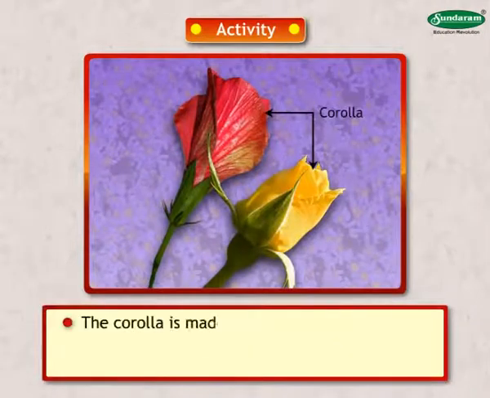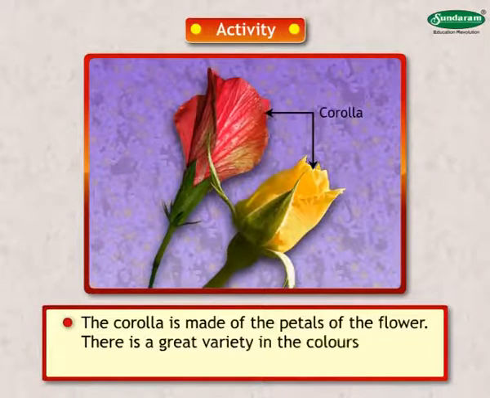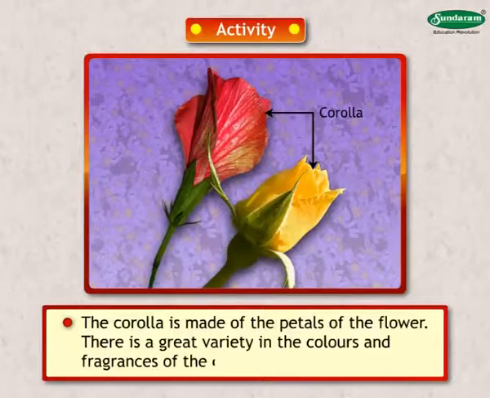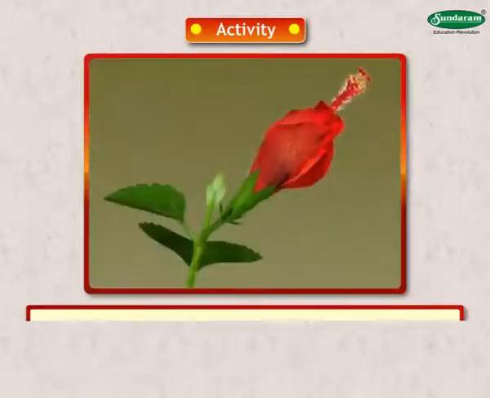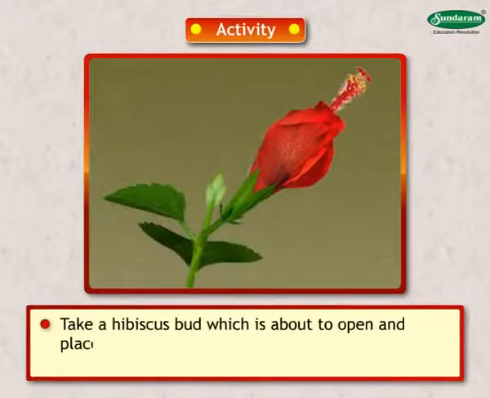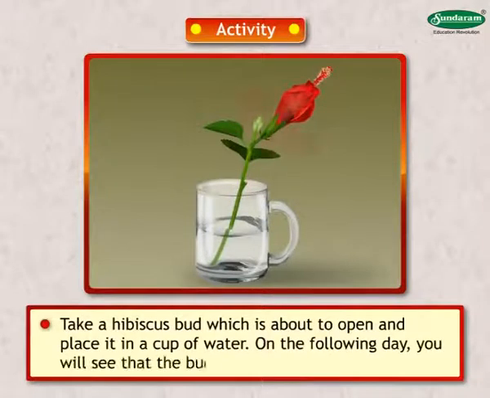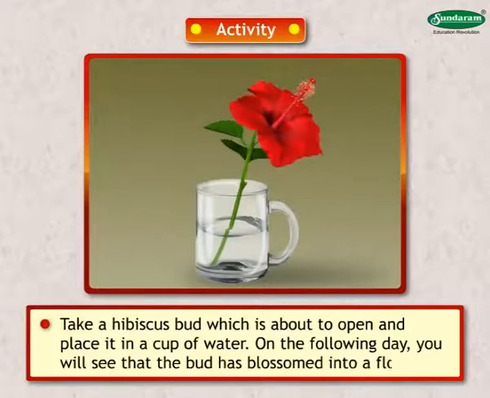The corolla is made of the petals of the flower. There is a great variety in the colors and fragrances of the corolla. See for yourself. Take a hibiscus bud which is about to open and place it in a cup of water. On the following day, you will see that the bud has blossomed into a flower.